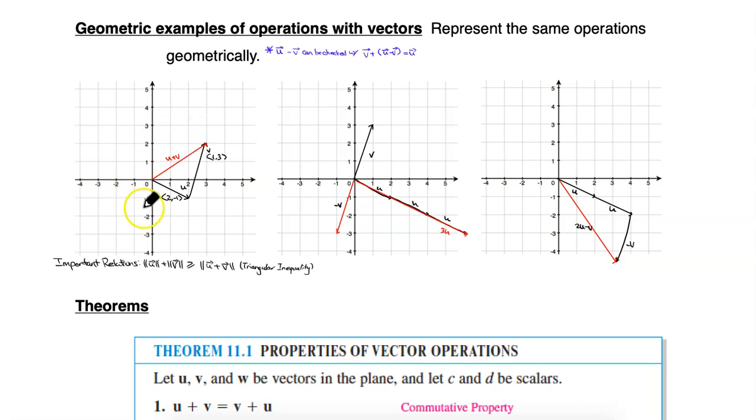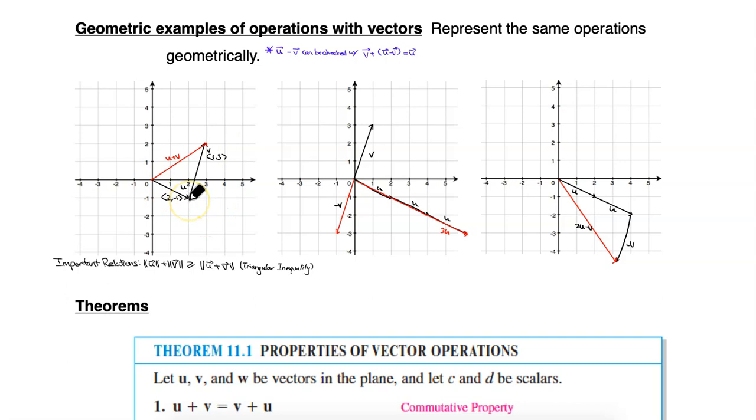In such a situation, we can notice, it's called the triangle inequality, that the norm of u plus v in red is bound to be less than or equal to the norm of v plus the norm of u. So there's always a detour.